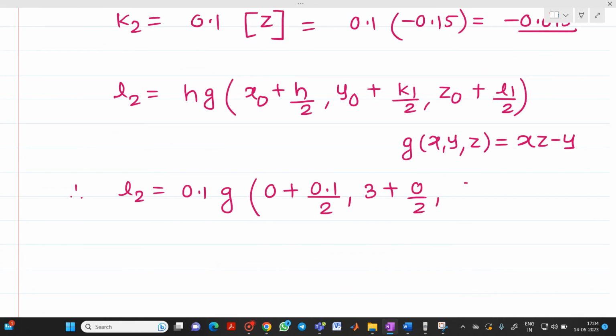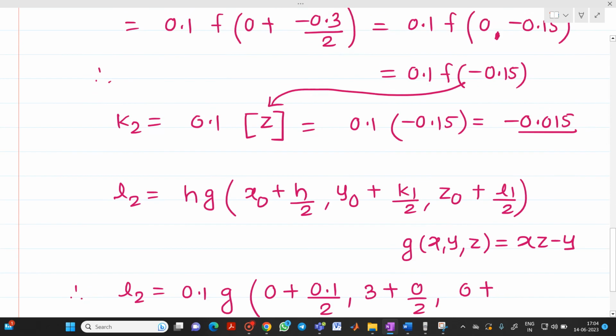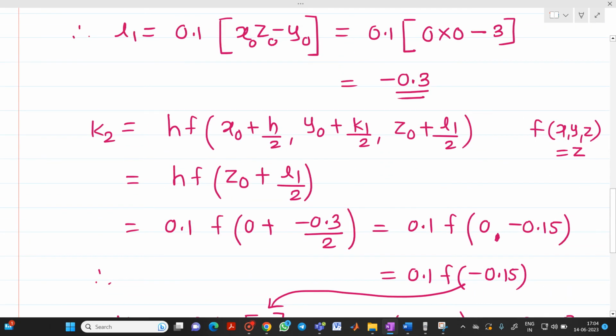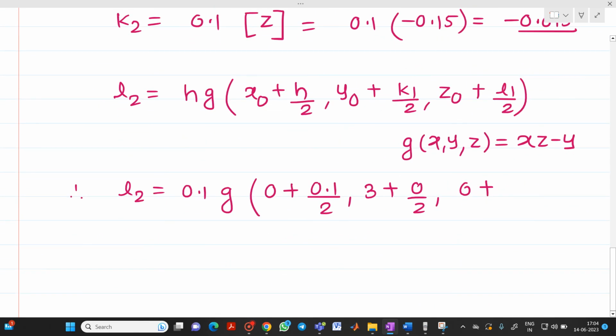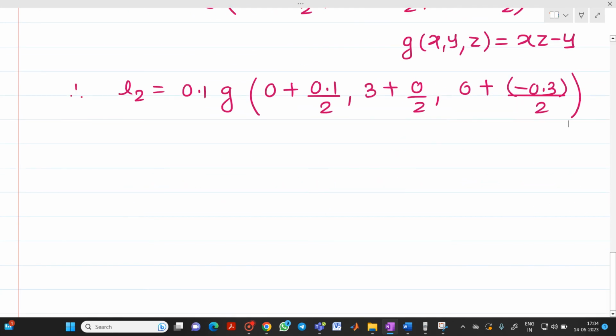What is z0? 0. Plus, what is L1? What was the value of L1? Minus 0.3, so minus 0.3 divided by 2. It means it will be 0.1 into g of 0.05 comma 3 comma minus 0.15.